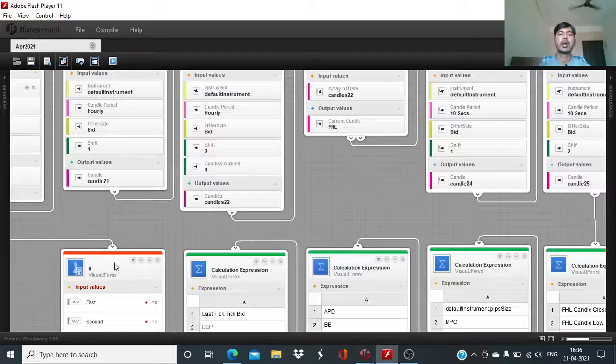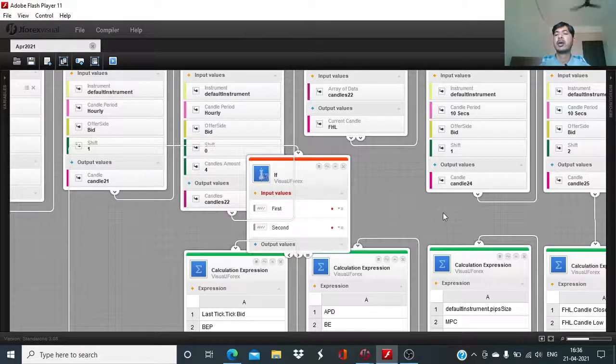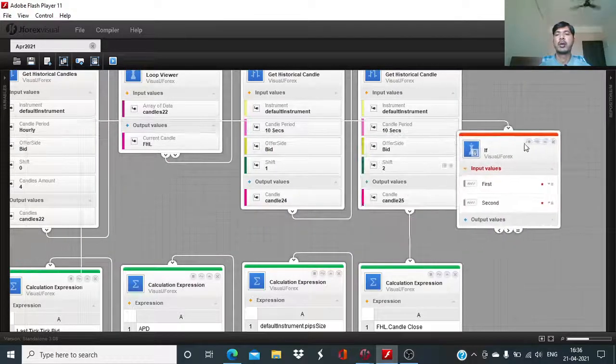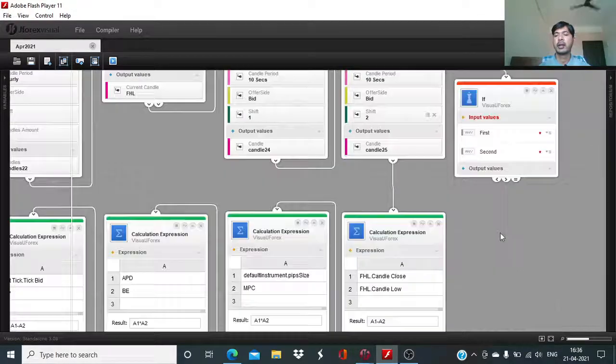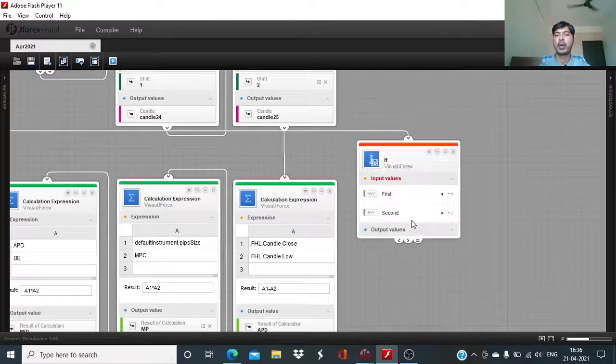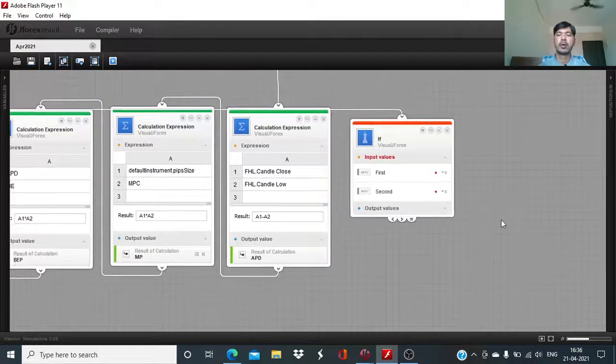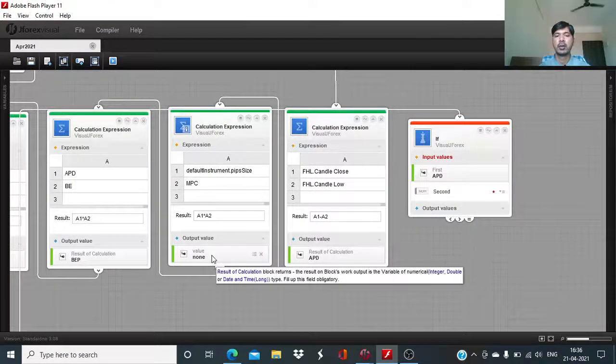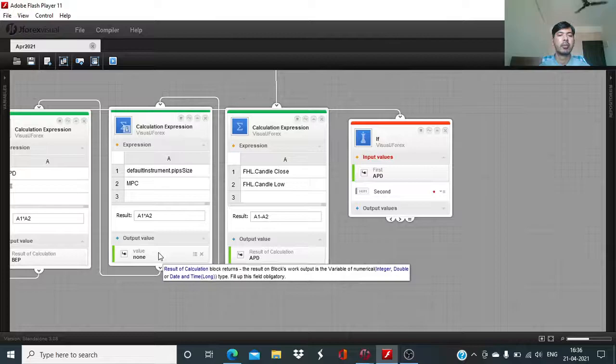Now we turn our attention to the price volatility for the last 4 hours, and as I said, there should be good enough momentum. So the closing value should have risen at least more than 20 pips from the lowest point. And for that, I will have to take this difference and compare it with the minimum pip difference.